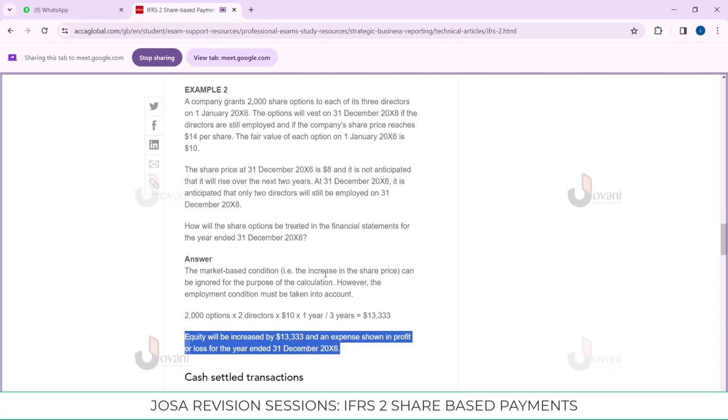No. A double entry, you see, even a student who just wrote debit expense 20, credit equity 20 would get the same mark as you who wrote this. So they don't give an extra mark. This one you've lost, this is also a mark on its own. So you either use a double entry or use a statement. Is it clear now? Yes, thank you.